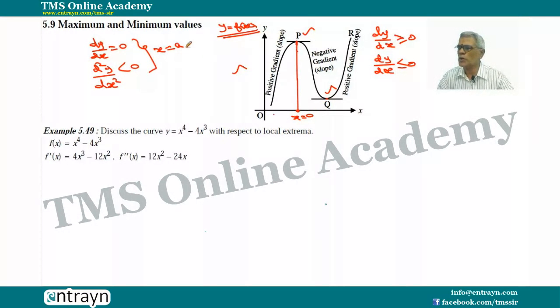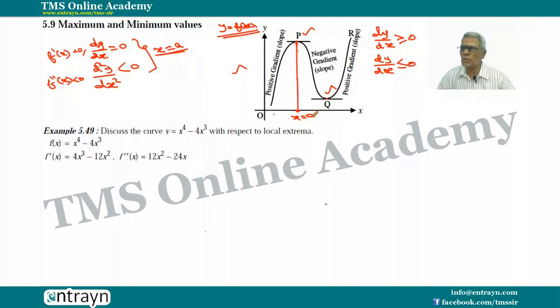So the condition for local maxima is dy by dx is 0 at x is equal to a, d square y by dx square is less than 0 at x is equal to a. In other words, f dash of x is equal to 0 at x is equal to a, and f double dash of x is less than 0 at x is equal to a.